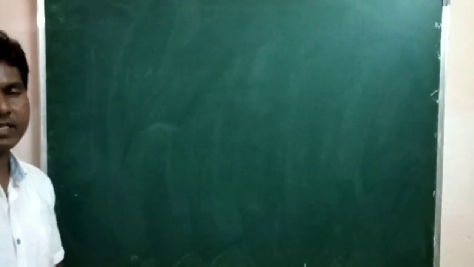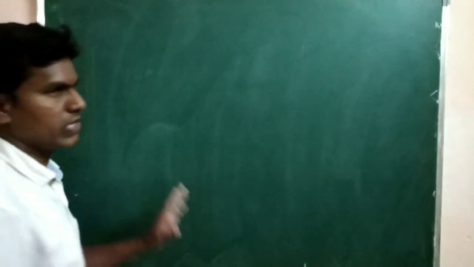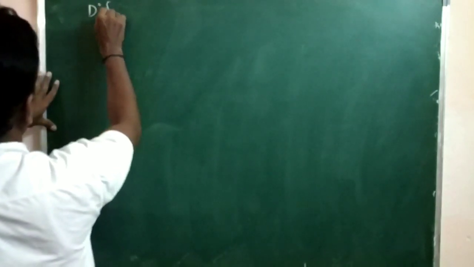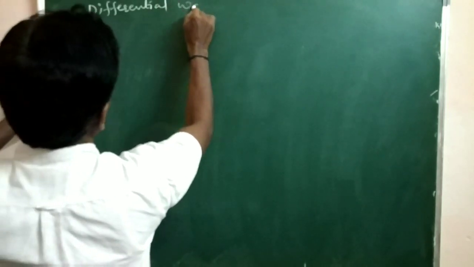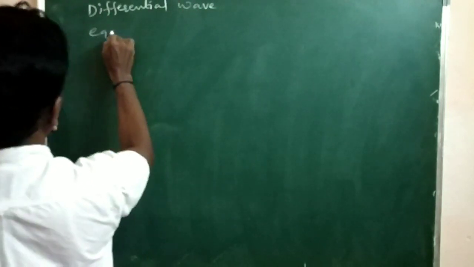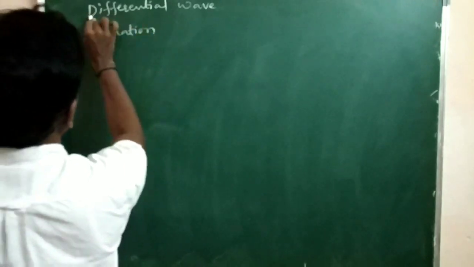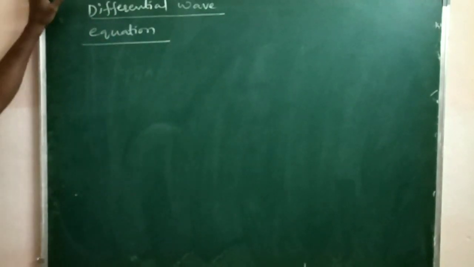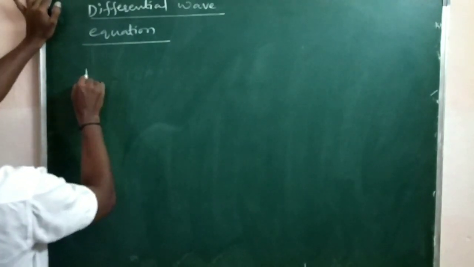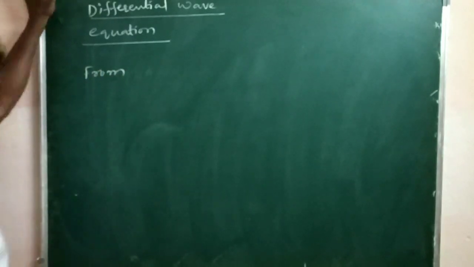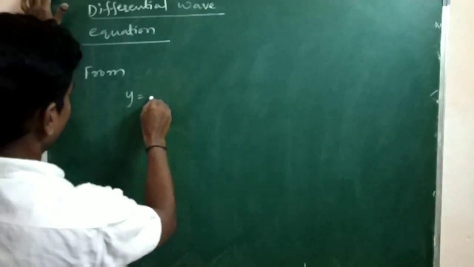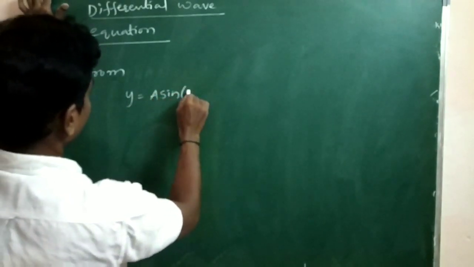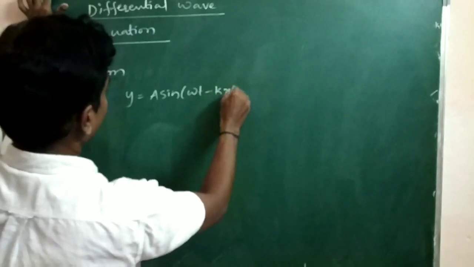So now we are going to discuss the differential wave equation. We have to derive the differential wave equation from the traveling wave equation y equals a sine omega t minus kx.